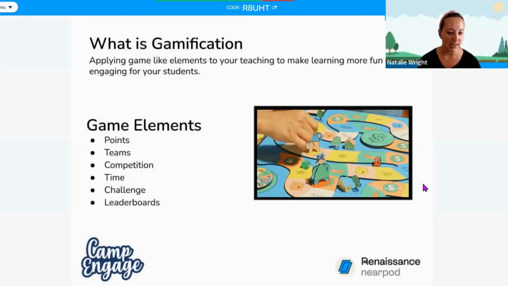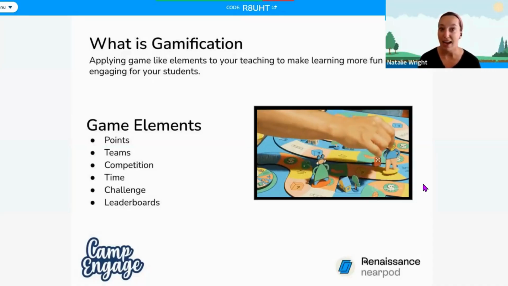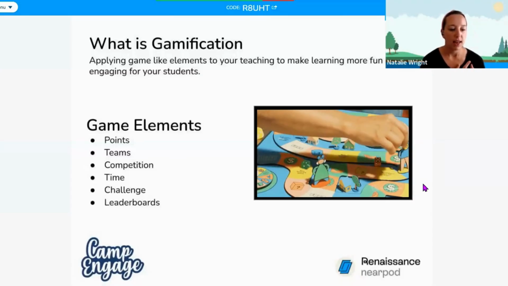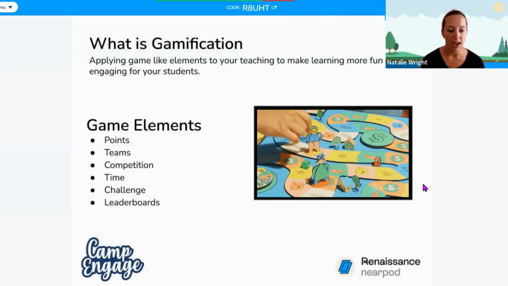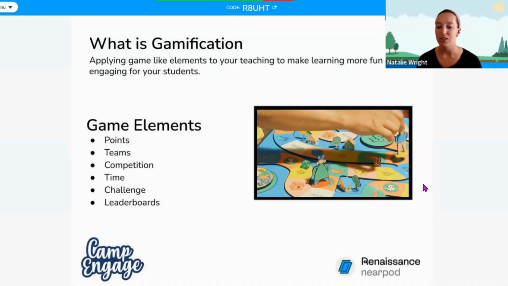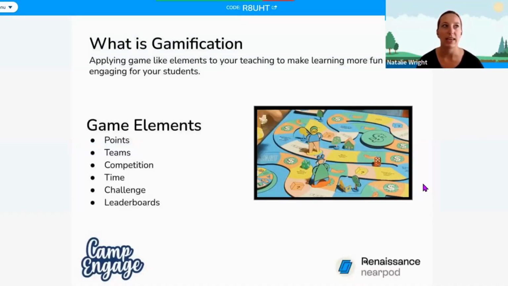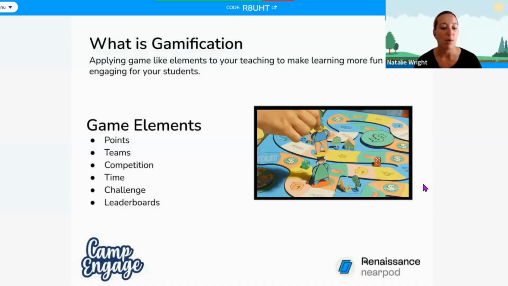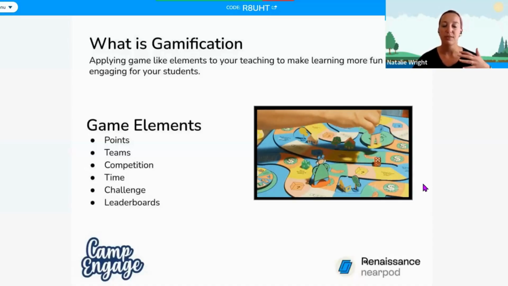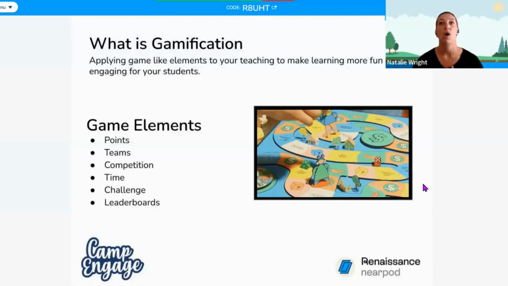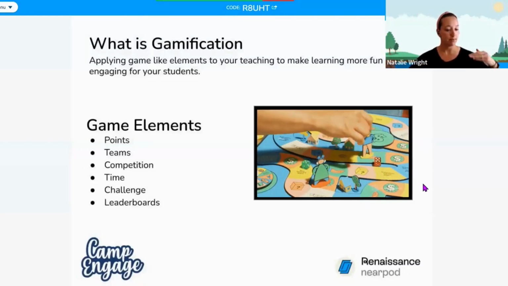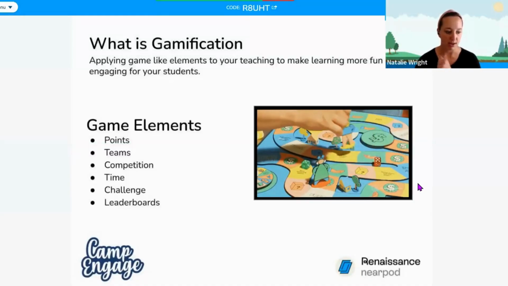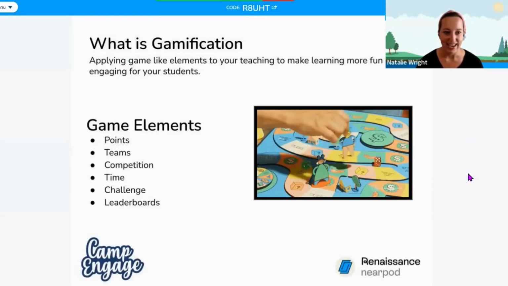So we have points, we have teams, competition, there's time involved, like Time to Climb, there's a time crunch involved, a challenge, you set something up to be a challenge or like a mission. We need to complete this challenge. I have a mission for you guys. Or leaderboards. So if you're keeping track of points over a period of time, you can have maybe a leaderboard in your class with groups of students.